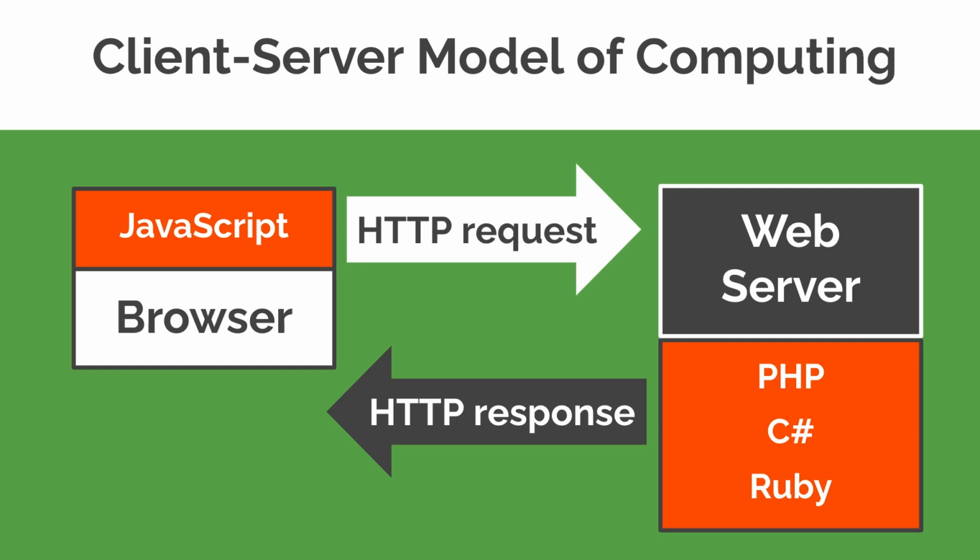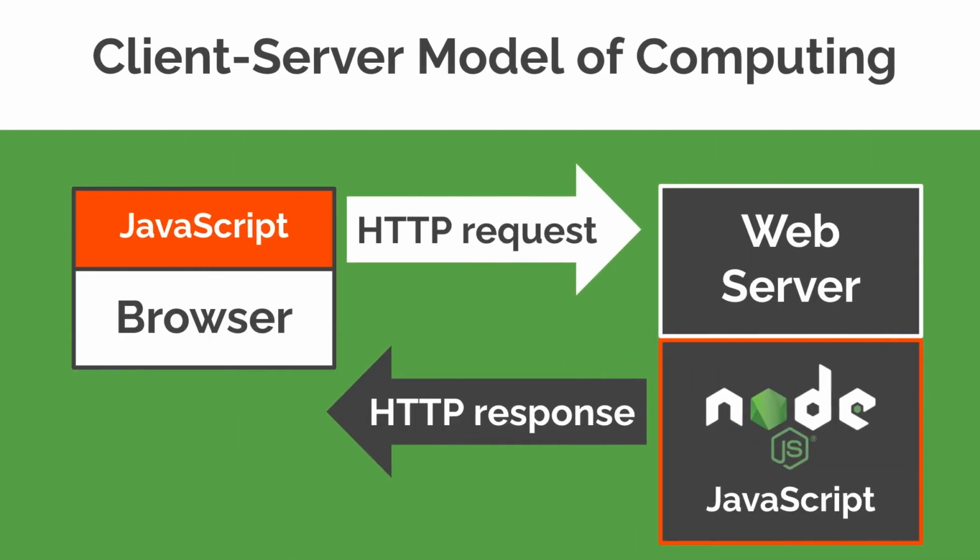You could create a web server in C#, for example, which is another programming language. But Node.js allows everything to be done in JavaScript. So the browser, the front end of your website, is written in JavaScript, and so is your web server. And that's the other benefit of Node.js, among all of its benefits, that it allows you to work with JavaScript both on the front end of your website and on the back end of your website.